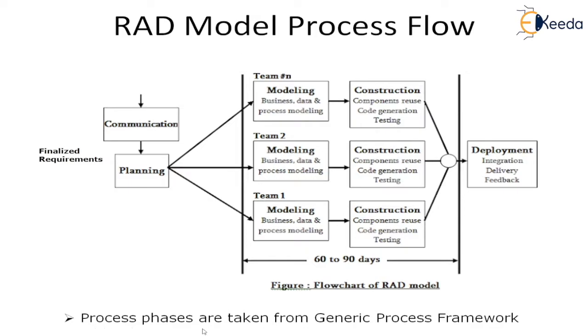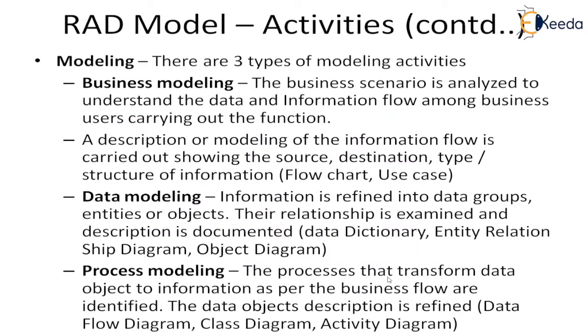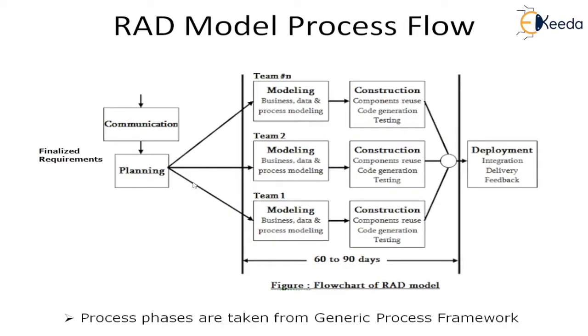So process phases are taken from the generic process framework. That is what we were discussing. So what are the activities that we do in this? In the increments, communication and planning are similar to the generic process framework.